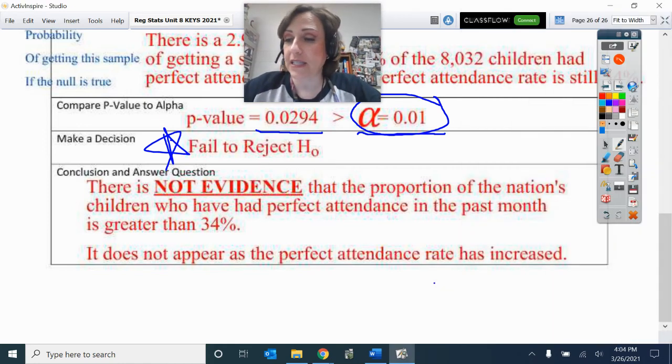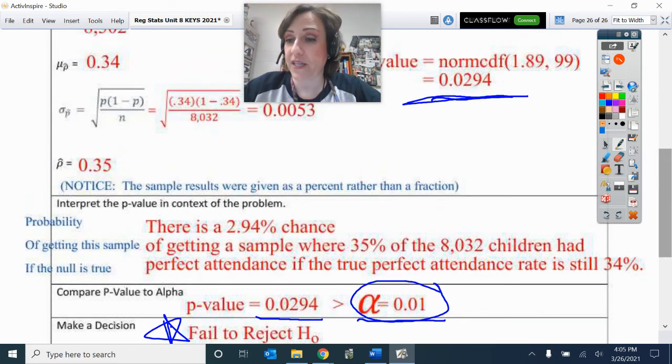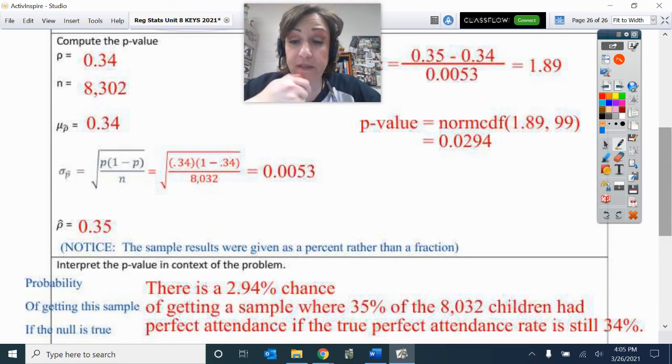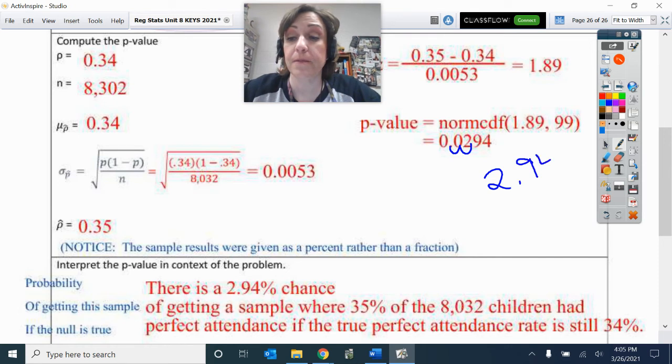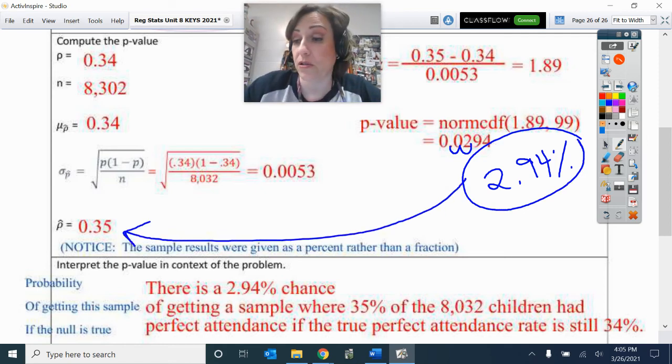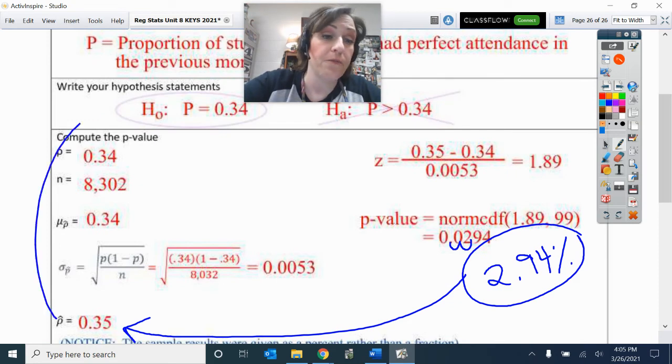Now, back to this p-value definition. Remember, for my p-value definition, I want to move my decimal twice and turn this into a percent. This is the probability of getting these sample results if the null is true.